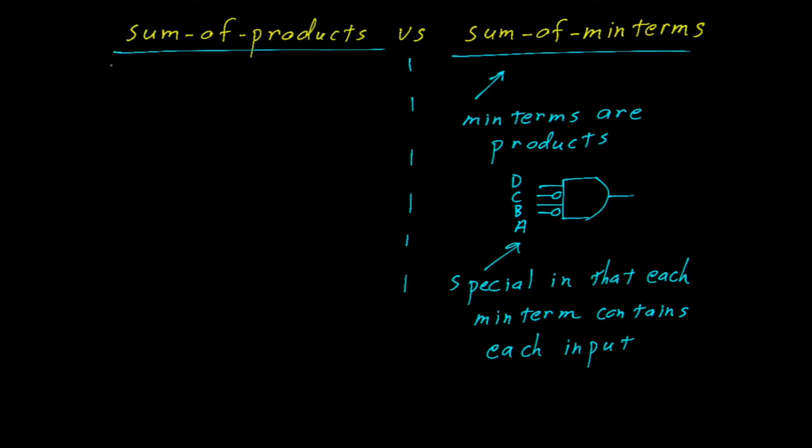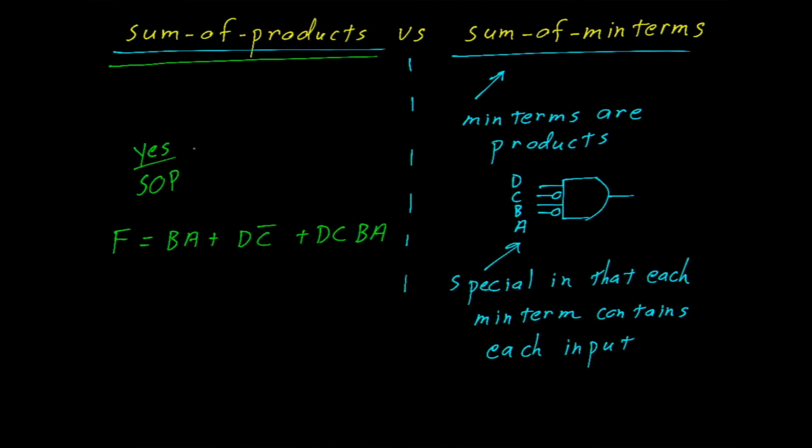With that said, let's shift our attention over here to the left and consider this expression. F is equal to BA or DC0 or DCBA. This expression is a sum of products. So we would say, yes, it is a sum of products.